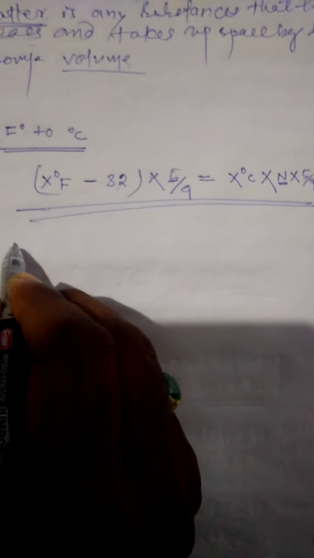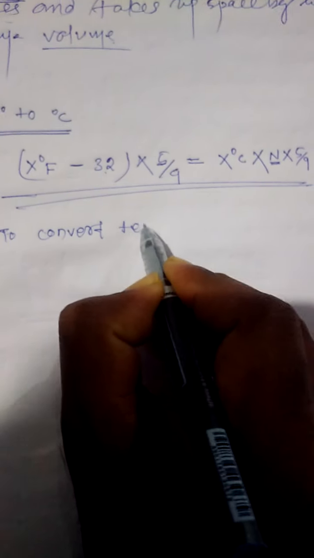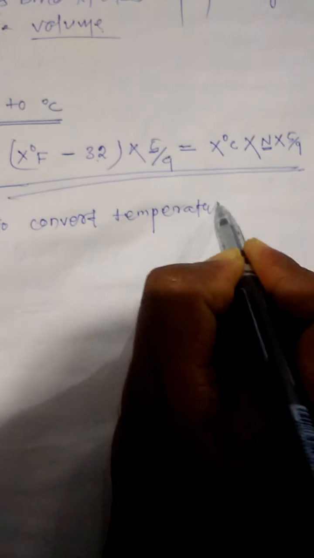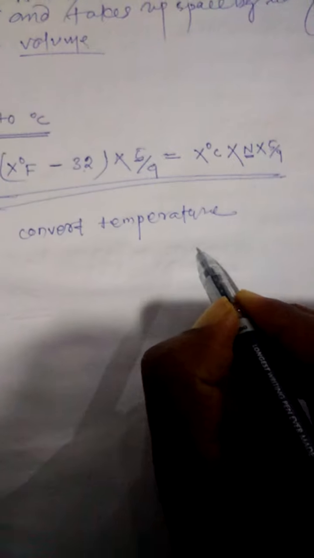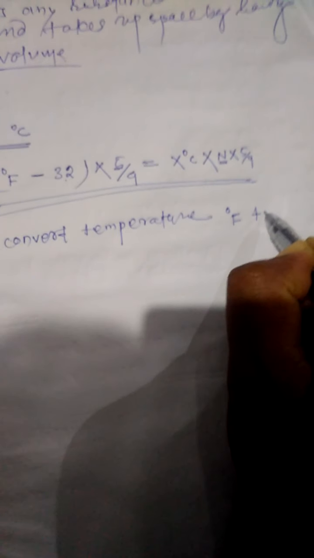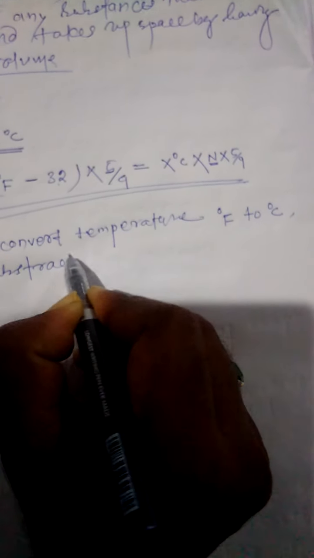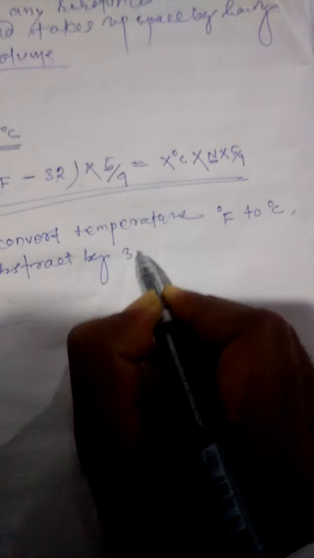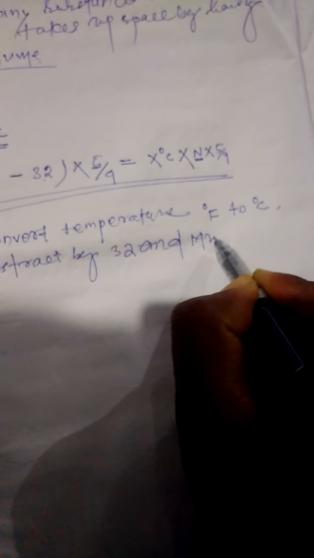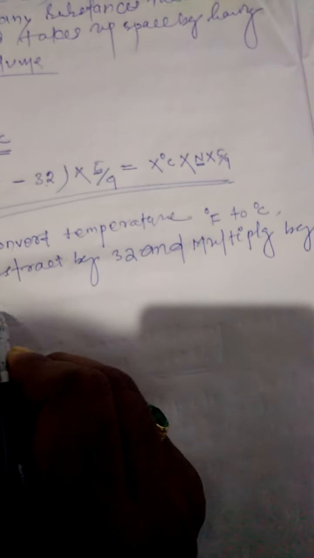To convert temperature from degree Fahrenheit to degree Celsius, we have to subtract 32 and multiply by 5 by 9.